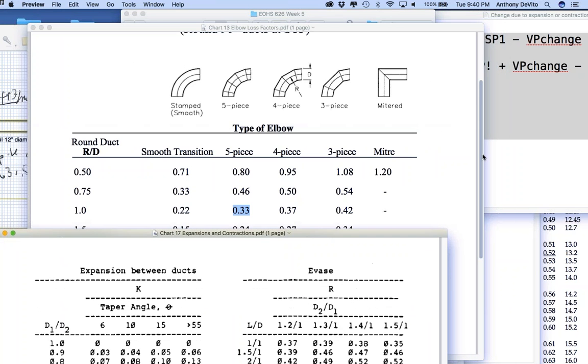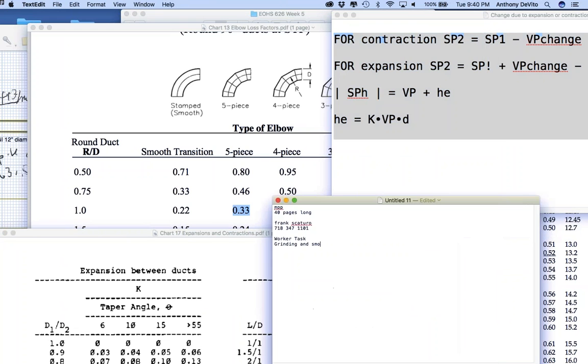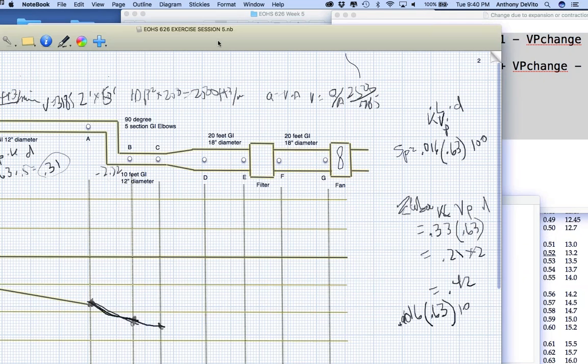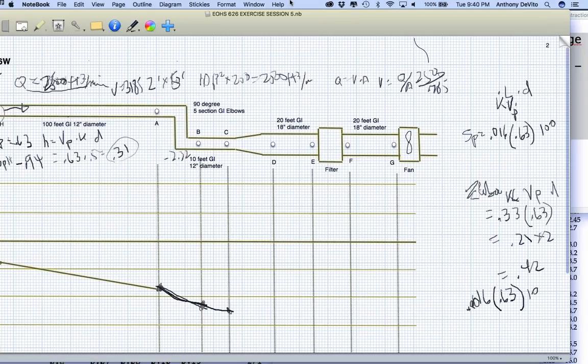What's the velocity pressure in the first duct? Velocity pressure, not static pressure. It was 0.63. What's the velocity pressure in the 18-inch duct?